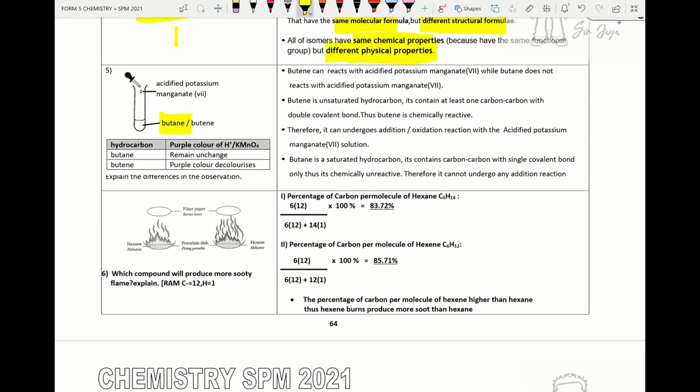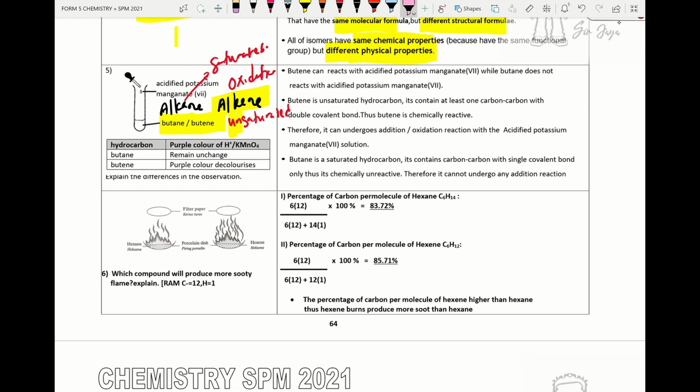If they give butane and butene, or any alkane, this is alkane, this is alkene. Please remember this alkene is known as unsaturated hydrocarbon, and this is known as saturated hydrocarbon. Therefore this alkene can undergo halogenation reaction, or it can undergo oxidation reaction.